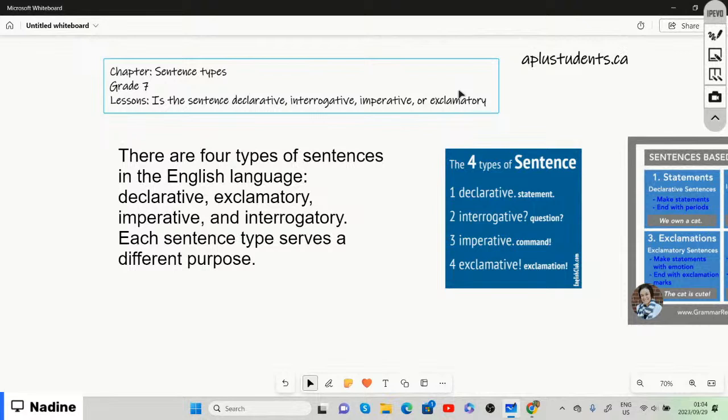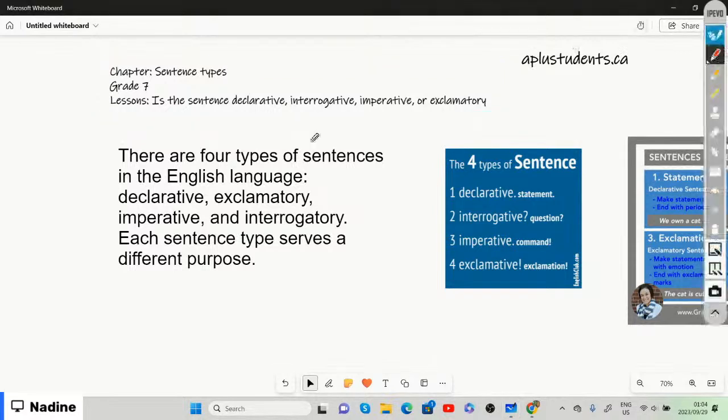And we have declarative sentence, we have exclamatory sentence, we have imperative sentence, and interrogatory or interrogative sentence.